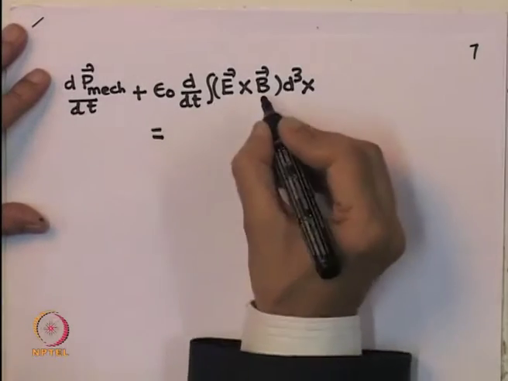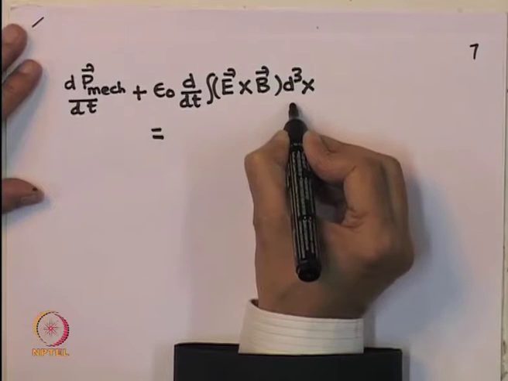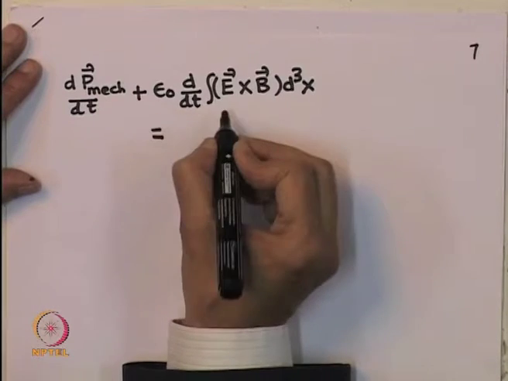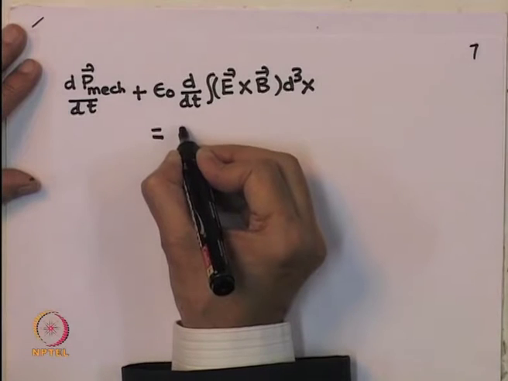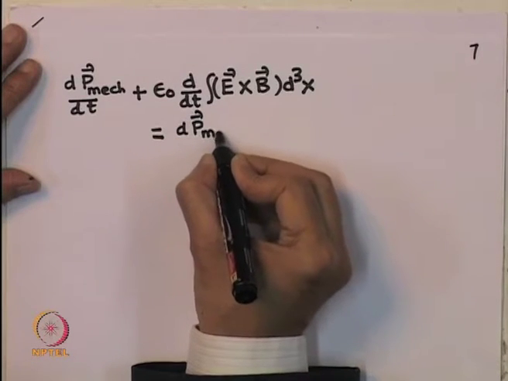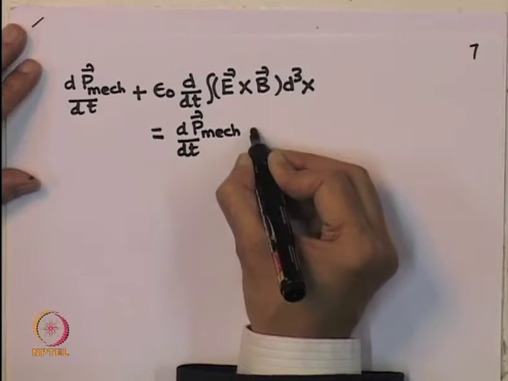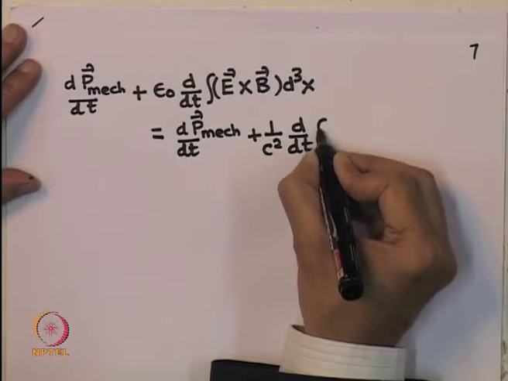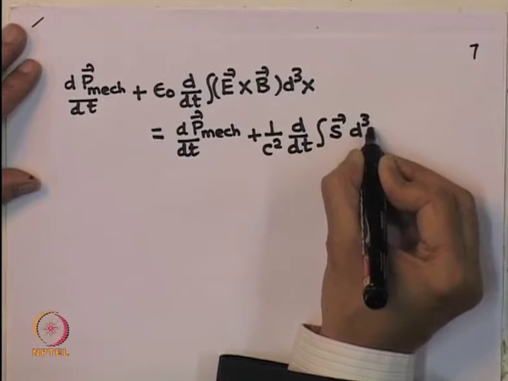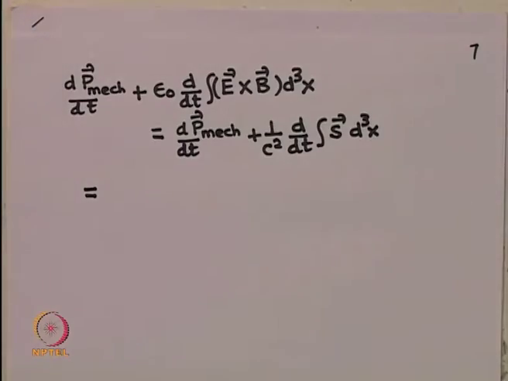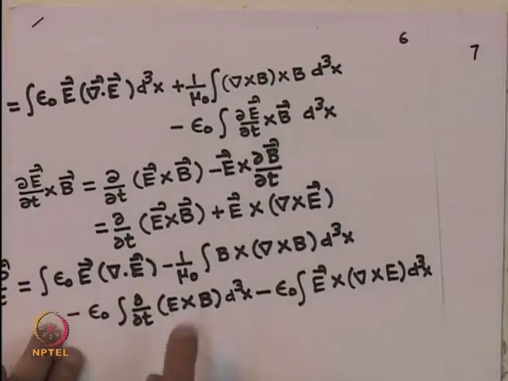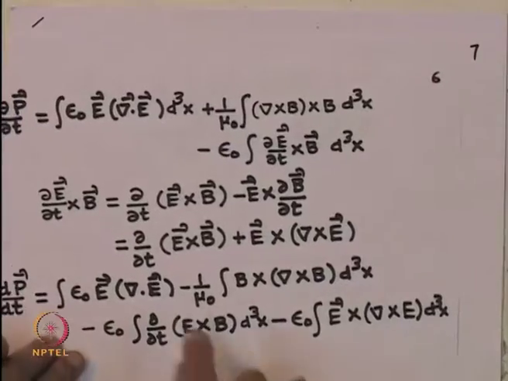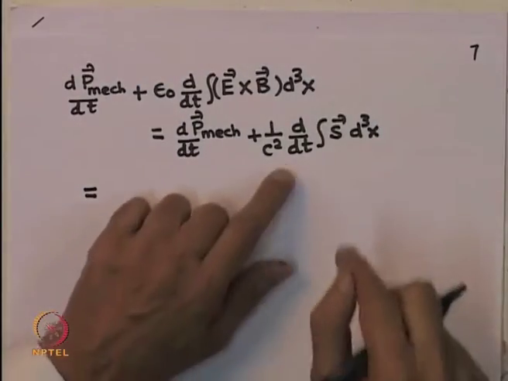But first I want you to realize that this term is nothing but epsilon 0 mu 0 E cross H, and epsilon 0 mu 0 being equal to 1 over c square, I get dP mech by dt plus 1 over c square d by dt of integral S d cube x, and that is equal to these terms which we have written down, which had B cross del cross B, E cross del cross E, E del dot E, etc. I will come back to those terms, but let us first look at what this is telling us.